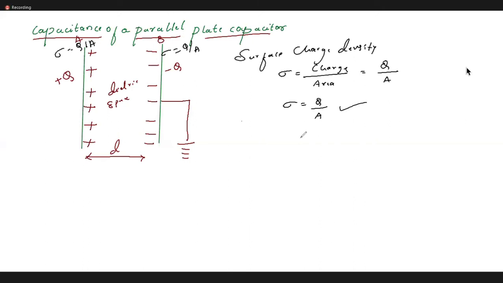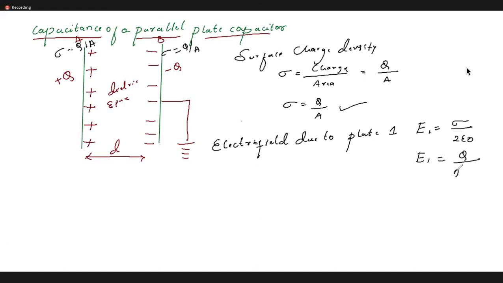Now tell me, what is the electric field due to this plate? E is equal to sigma by 2 epsilon naught. So the electric field due to plate 1, let me write it as E1, is sigma by 2 epsilon naught. Then can I write E1 as Q divided by 2A epsilon naught?